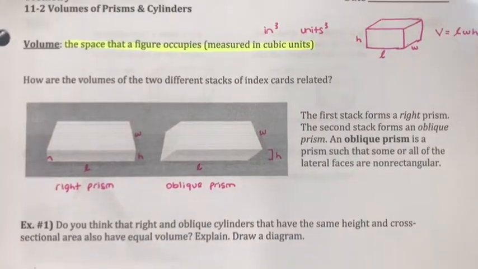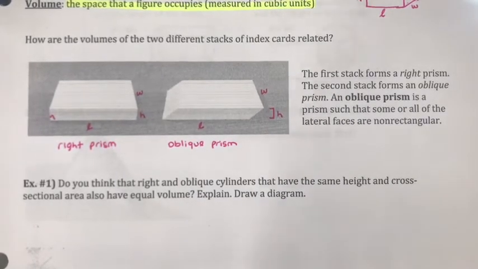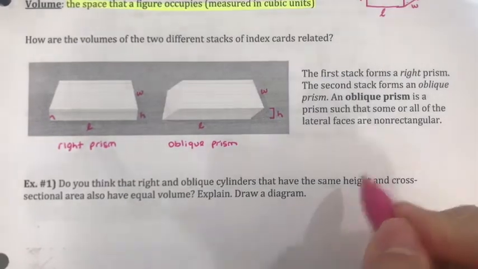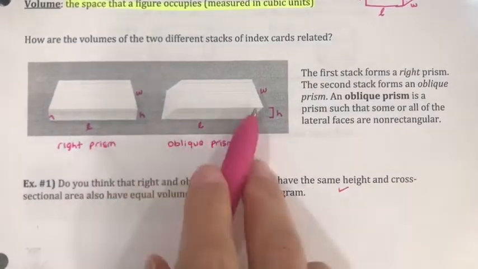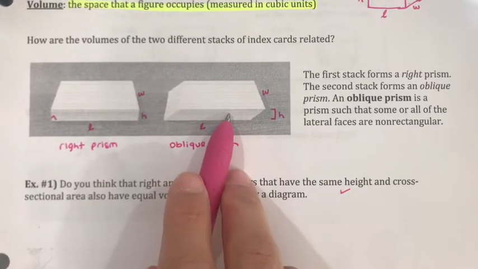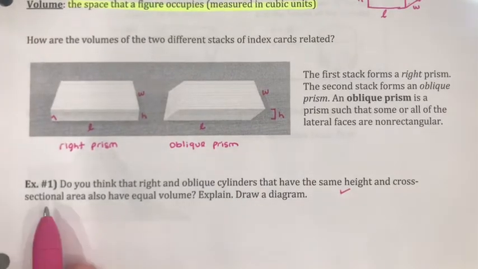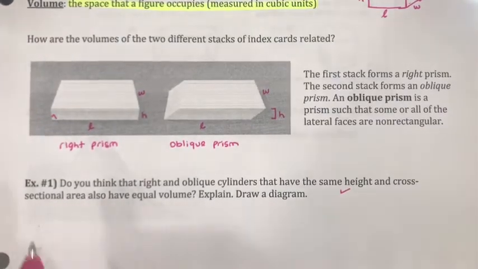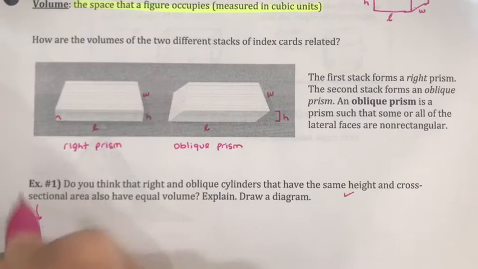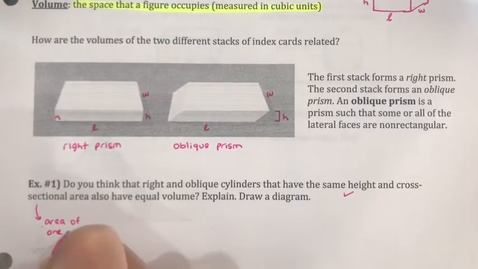Because we're talking about the same number of index cards, we just slanted that over. Let's think about their volumes. The first question here says, do you think that right and oblique cylinders have the same height? Well, we basically saw that they did. If you're taking the same number of index cards and you're just slanting them to the side, the height will stay the same. And cross-sectional area is going to be the area of one index card.